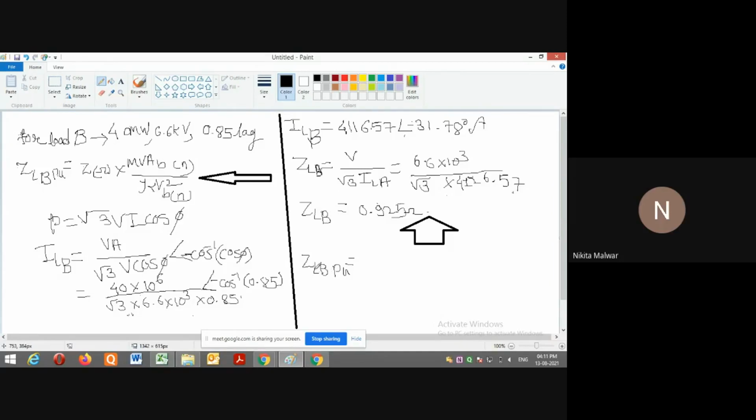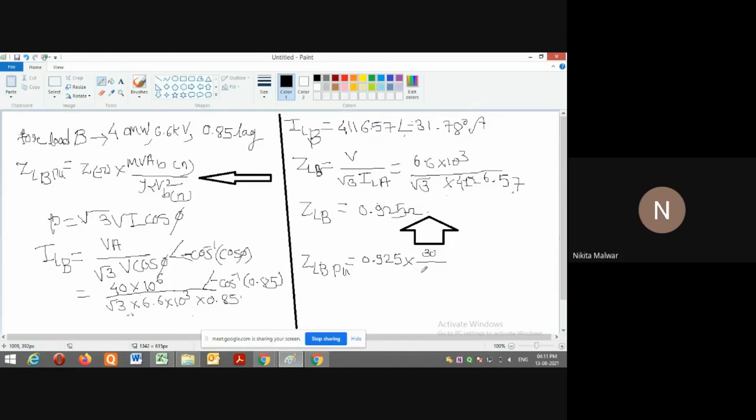So we have the formula for per unit representation of load B: Z in ohm, so we write this value 0.925, multiplied by your MVA base new, which is 30, divided by KV base new squared, which is 6.2 squared, because your load B is lying in section number 3.